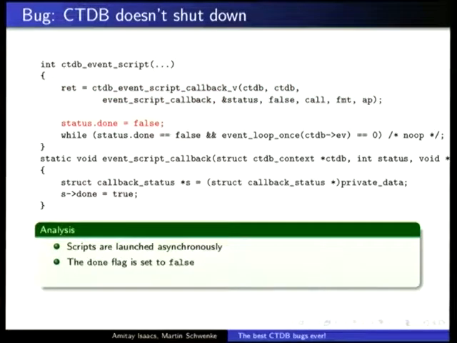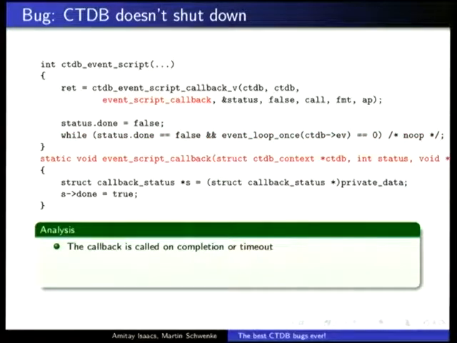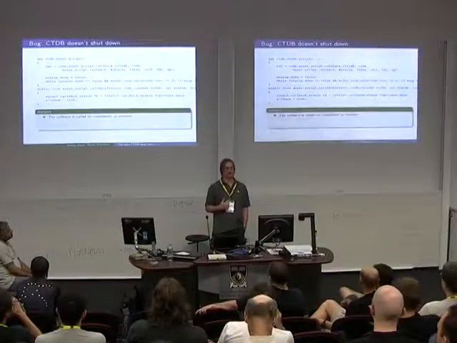Then we set the done flag to false, because we're not done, are we? Then we spin until done gets set. How does done get set? Well, that's pretty obvious. We've got the event script callback that gets run when the scripts are finished. And the most important thing it does for us is set done to true. Congratulations, sir, you have just spotted the bug.